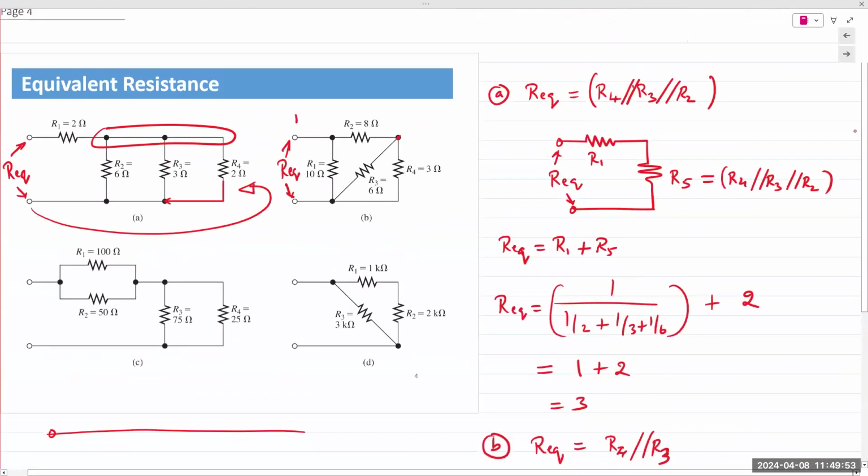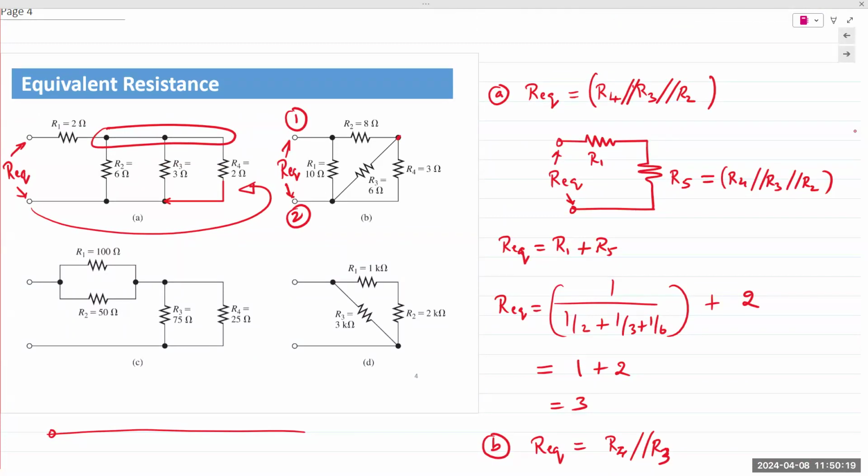Let me use example B, and I'm going to label the measurement terminals as 1 and 2. Now the goal is to measure REQ between 1 and 2. So I'm going to draw out the terminals as horizontal lines. And the goal is to draw out every resistor vertically connected between 1 and going towards 2.